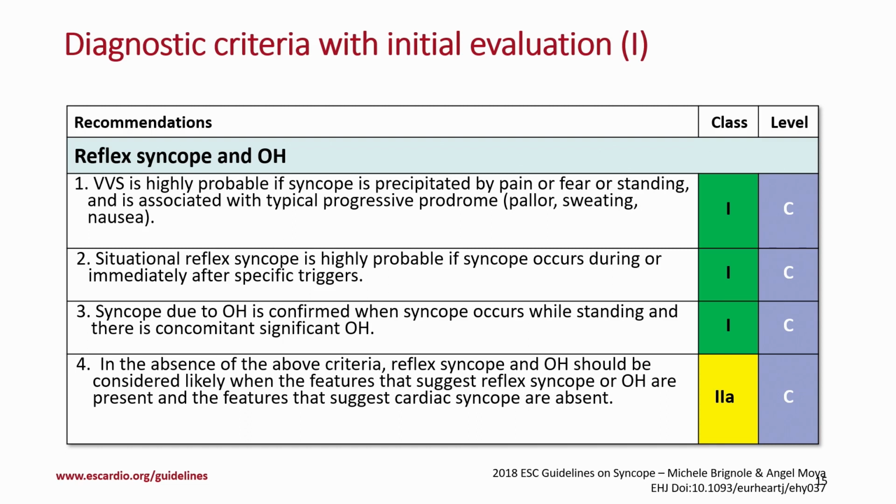This means that a class 1 diagnosis by history of vasovagal syncope requires two factors: the trigger, pain, fear, standing, and the activation of the autonomic system, pallor, sweating, and nausea. If there are these two factors, this is vasovagal syncope, and so on.